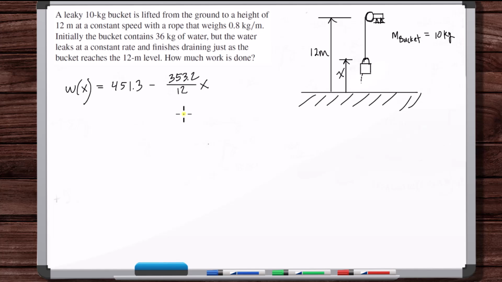That should be right, because when x gets to 12, you're subtracting out this 36 kilograms of weight. When x is 0, you're not subtracting out any of the weight. And when x is between 0 and 12, you're subtracting out a portion of this weight. You see? So let's take 353.2 divided by 12.